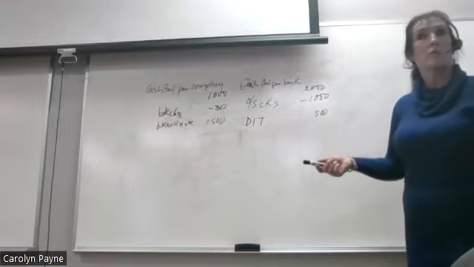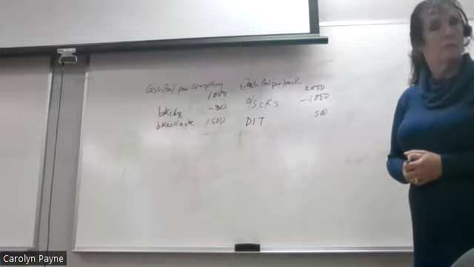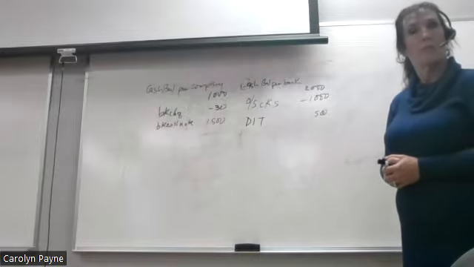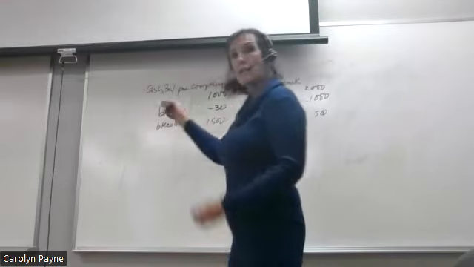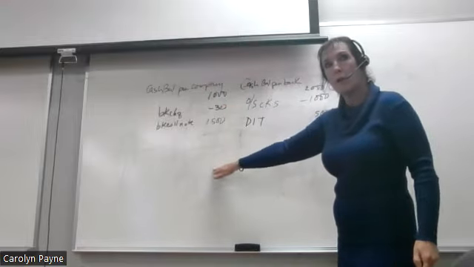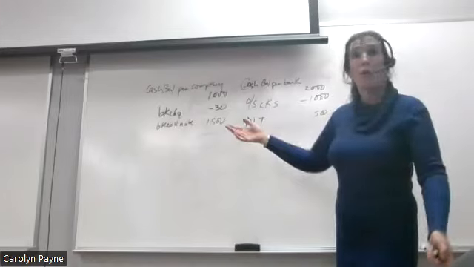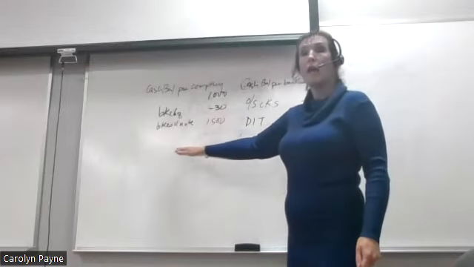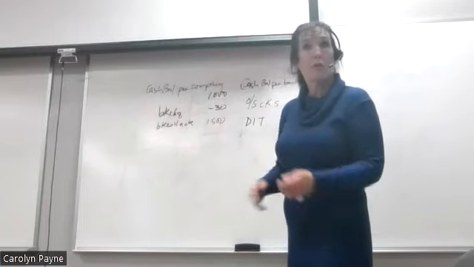An error. Yes, exactly. So when we get the bank statement and we start comparing all the checks that we wrote to the checks that cleared the bank, we catch an error. We wrote a check down for $150 and it should have been $50.